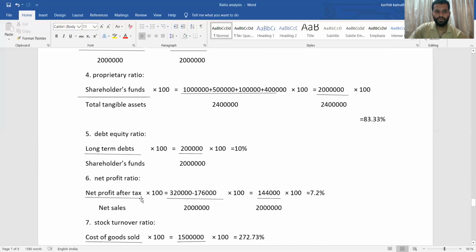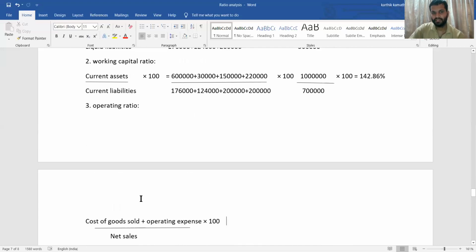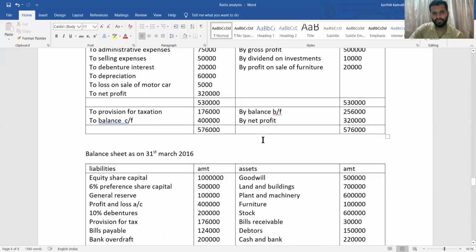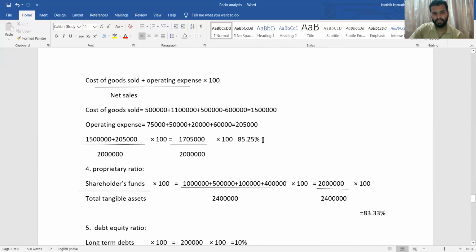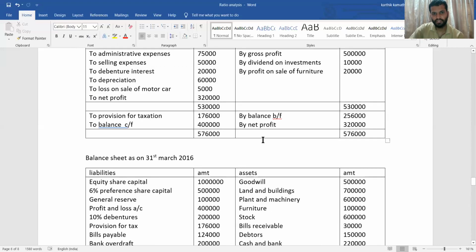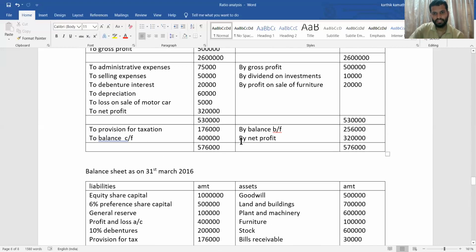Next, net profit ratio. Net profit after tax divided by net sales into 100. They have asked for net profit after tax. Here they have given net profit as 3 lakh 20,000, but there is tax information, so this is net profit before tax.